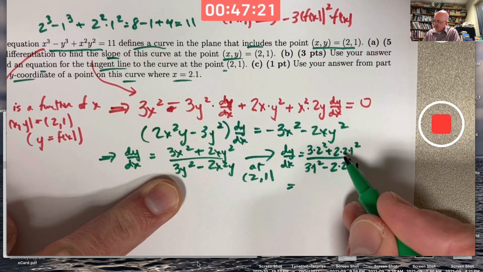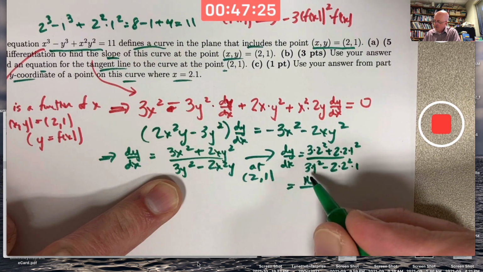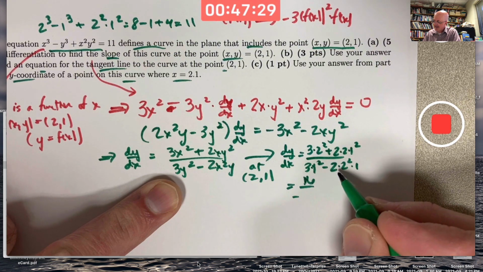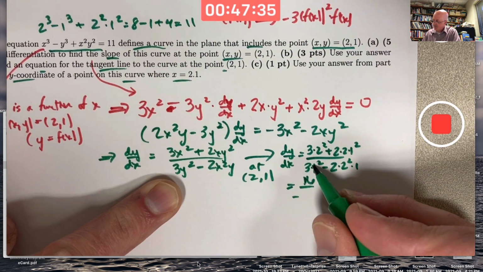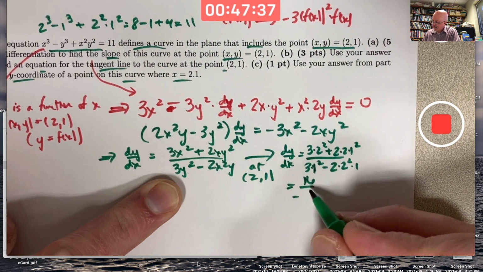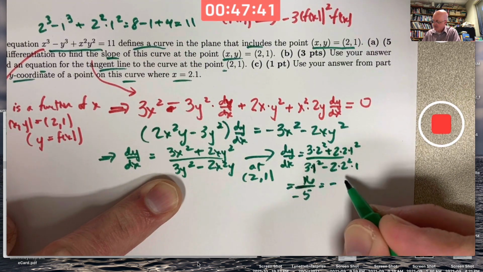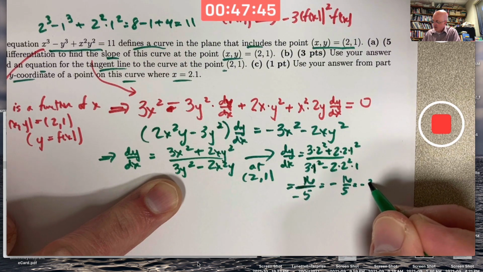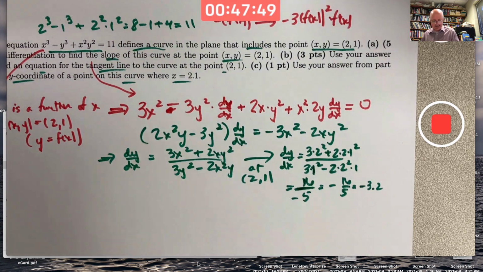That's a 12 plus 4 is 16 over negative. This is a 3, that's an 8. 3 minus 8 is negative 5. Yeah, okay, that's times 1 there. So 16 over negative 5, which is the same as negative 16 fifths, or negative 3.2 for the slope, if I have not made a mistake.